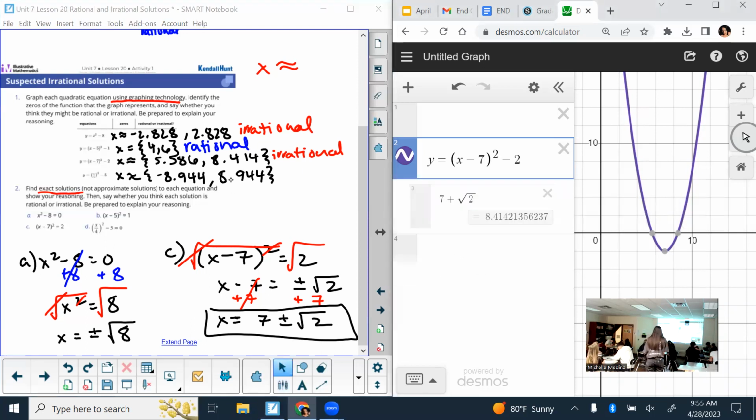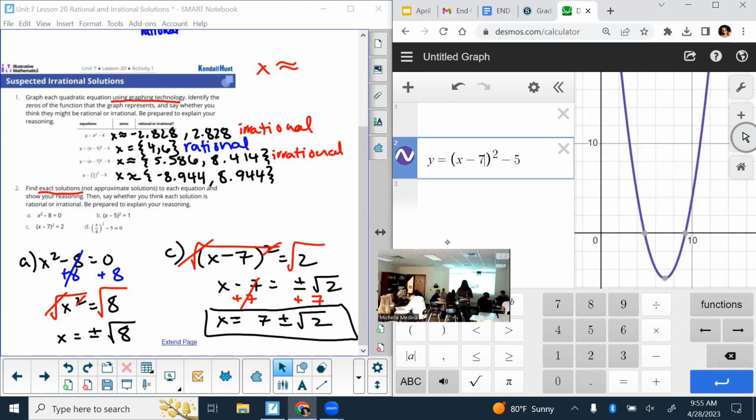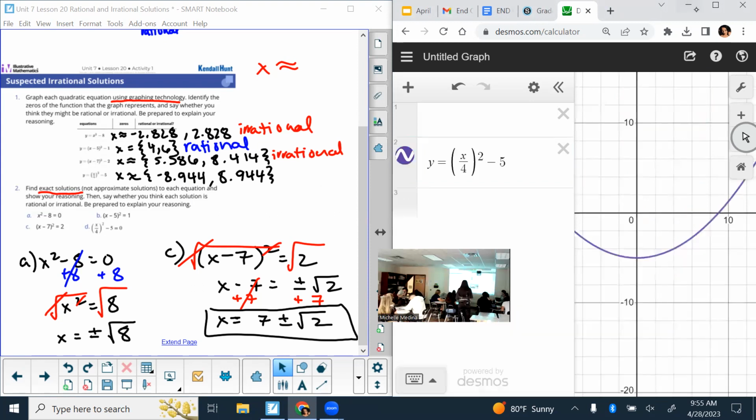That way's fine too. So out here, it's minus 5. And inside it's x over 4, right? Yeah. Okay, so making sure it's really tiny. But yeah, so we have a wide looking graph there at 8.944 and at negative 8.944.